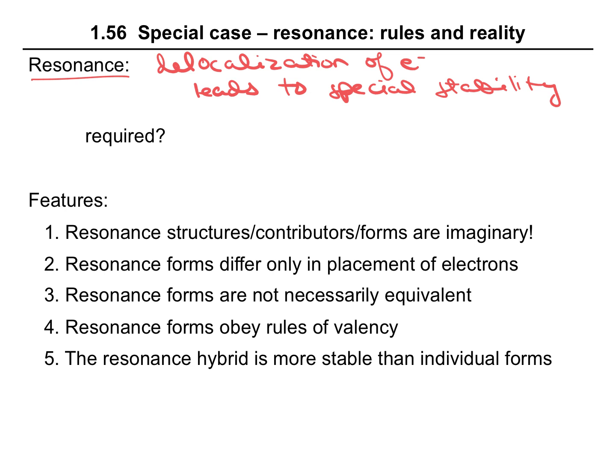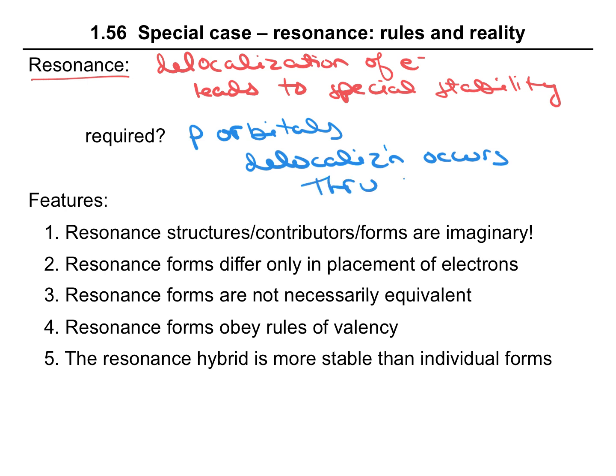One thing that is required for resonance is the presence of p orbitals, because the delocalization occurs through a pi system.